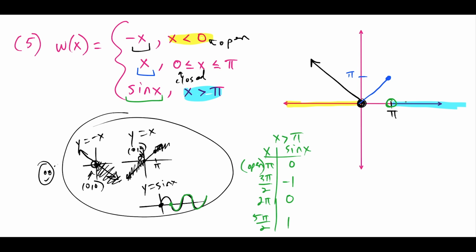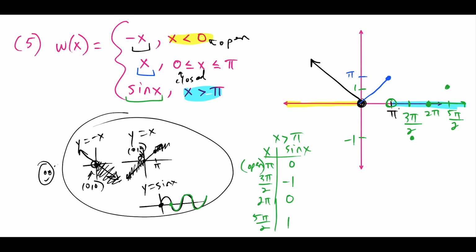And then 3 pi over 2 would be the next thing that's worth looking at. I'm going down here to -1. And let's say this is not drawn to scale. I'm just doing this to make a point. So we have at 3 pi over 2, we're down at -1. At 2 pi, we're back at 0. And then at 5 pi over 2, if I extend this, we're going up to 1.